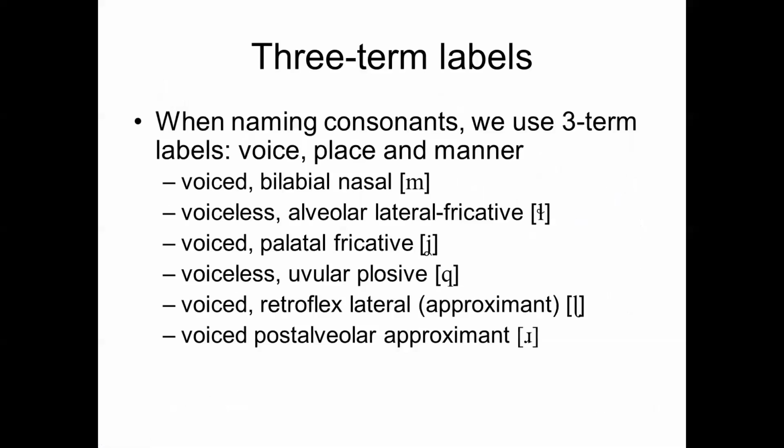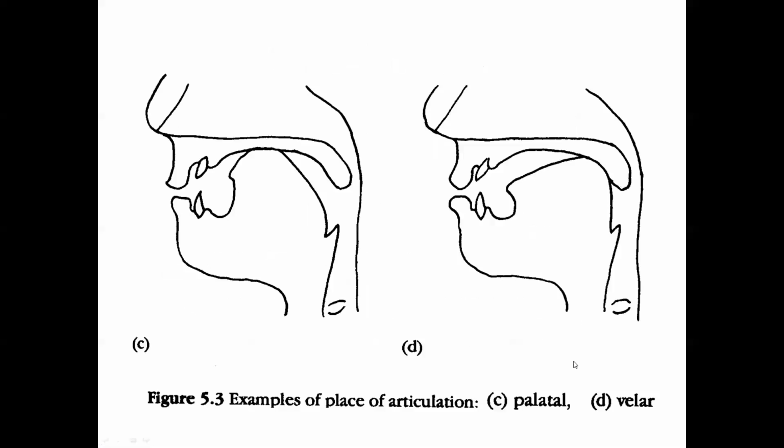All right, now putting all this together, actually, before we talk about putting all this together, I'll just mention other areas and go back to this picture. There are some places that are not in normal English, but in disordered speech sounds, you have all sorts of possibilities. You might run into these. So there is also the pharyngeal place of articulation, where the root of the tongue, one of the few areas it gets involved, is drawn into the pharynx.